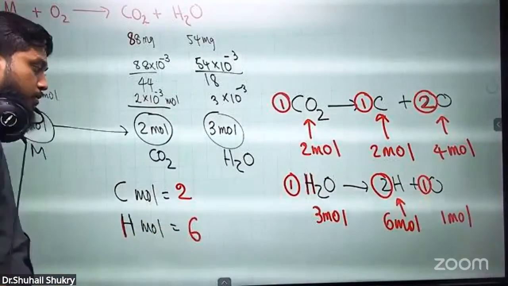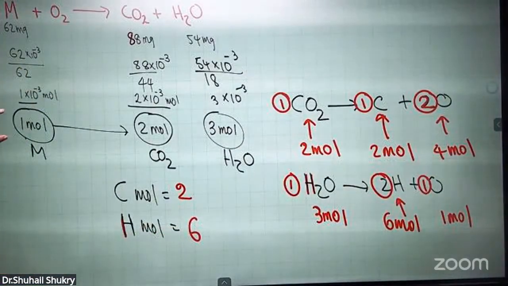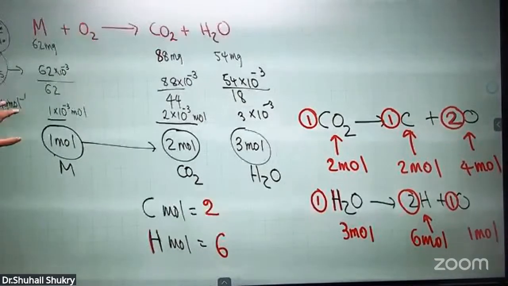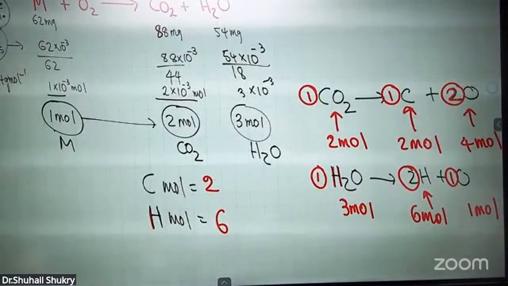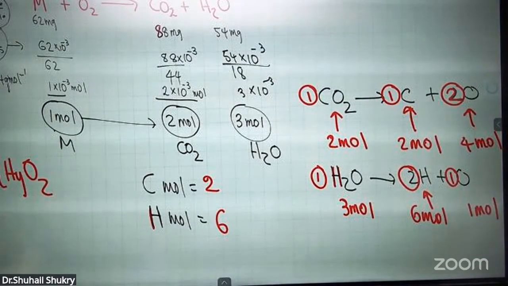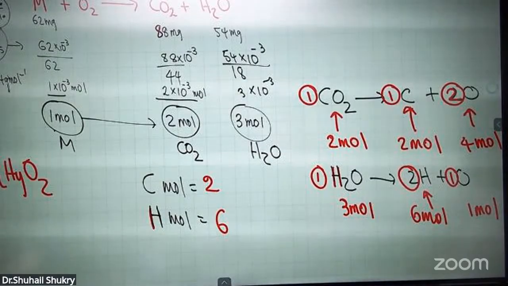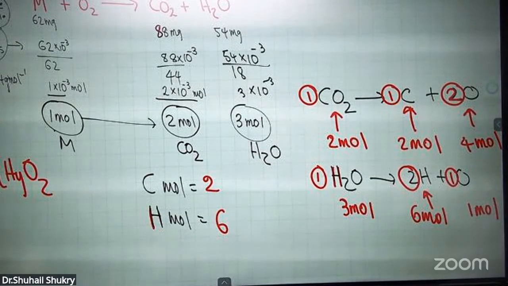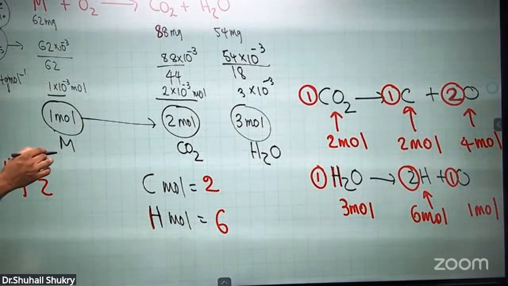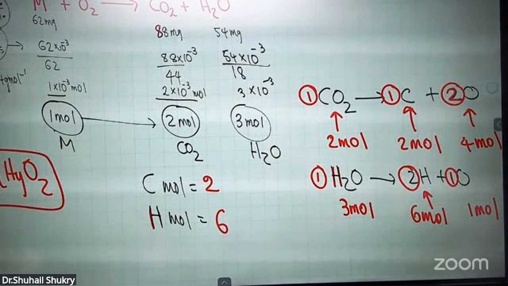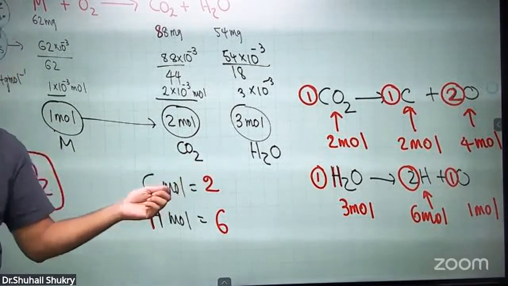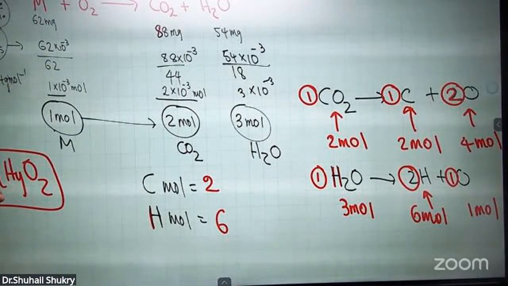Then 6 hydrogen moles. It means, can you understand, this molecular formula is CxHyOz. Again, this capital M, whatever this capital M is, if I burn it, this is only CxHyOz. Whatever carbon dioxide forms, all the carbon should come from this compound.